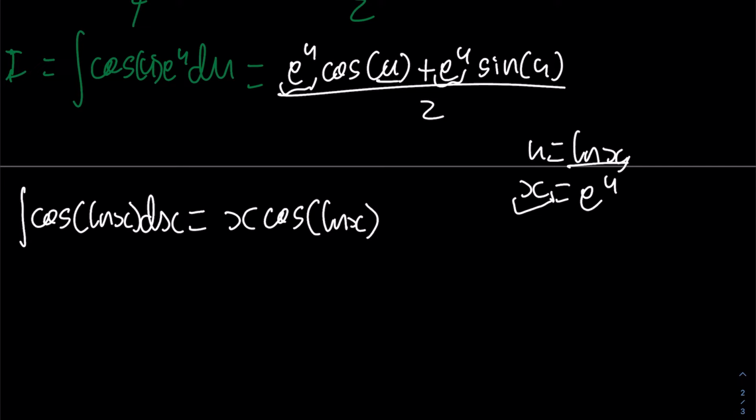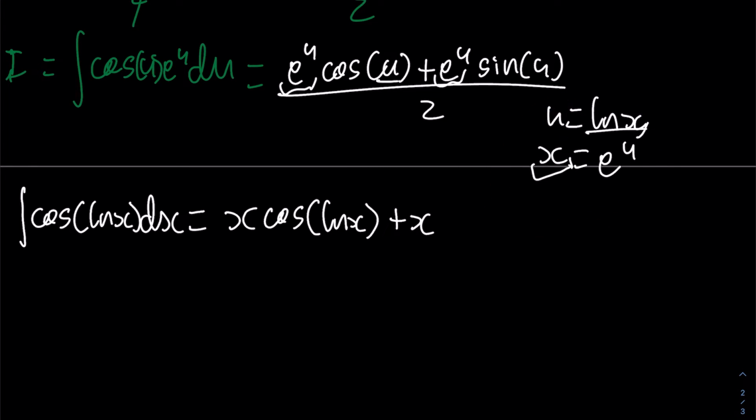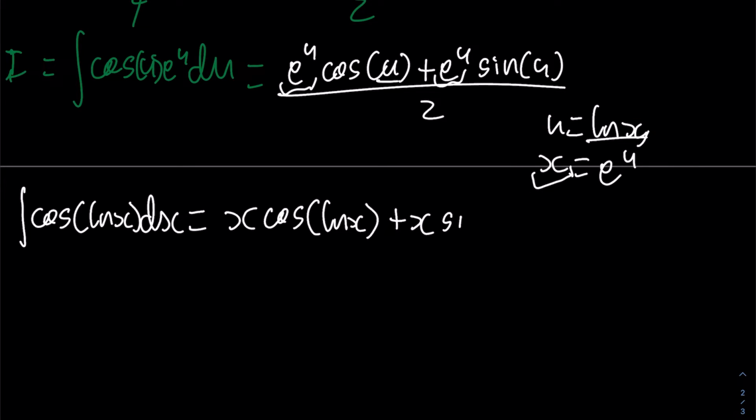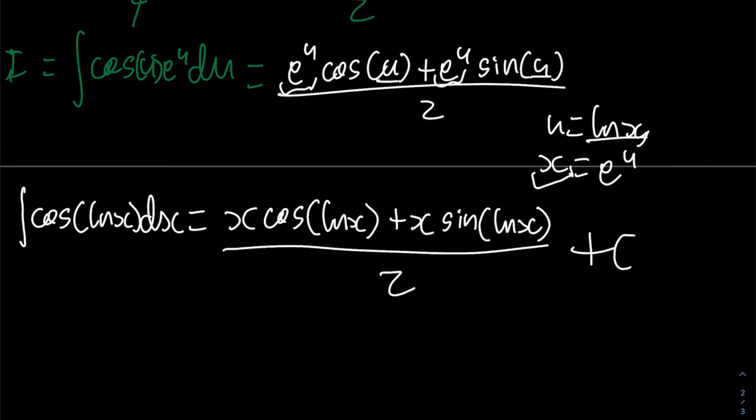Then what we have here, we have another e to the u, so that's an x, and then we have a sine of u, so let's just move this over. We have x sine of u, and our u is ln x, so sine of ln x. And finally, we are done. We divide all of that by 2, and we can put a plus C, and see that we are done with this integral.